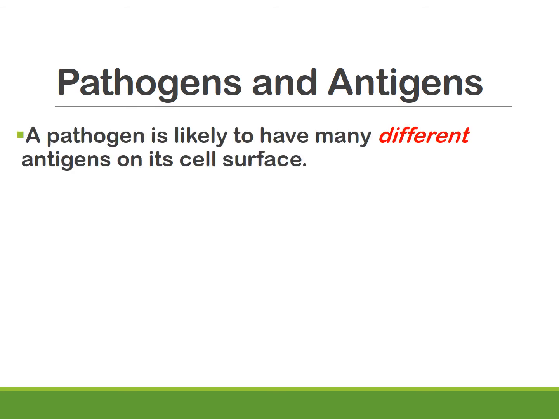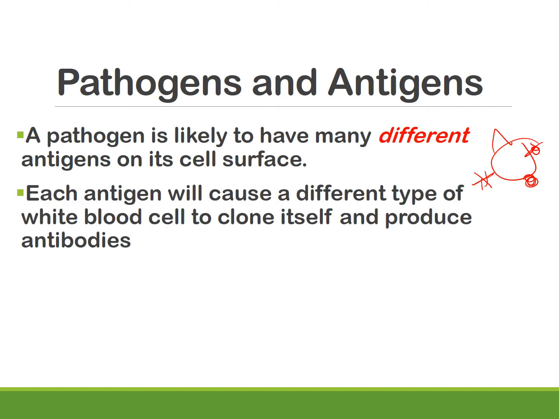So a pathogen is likely to have many antigens on its surface. Like I said, you could have some that are like this, depending on how complex they are. Each antigen will cause a different type of white blood cell to clone itself and go, okay, right, I'm in charge of making the ones that cover the round ones.